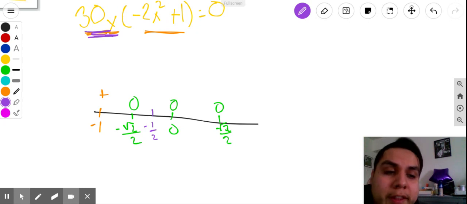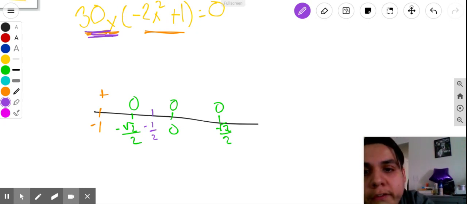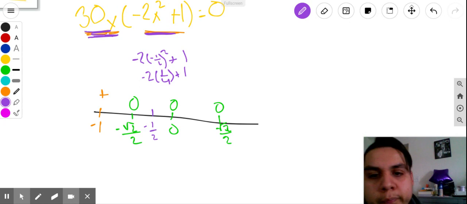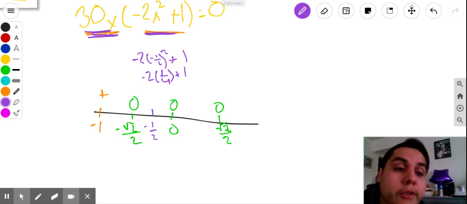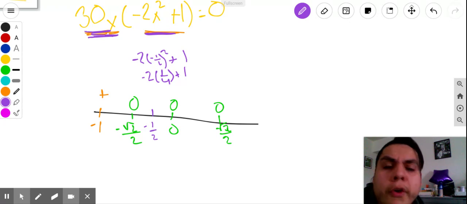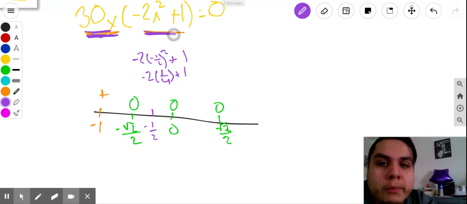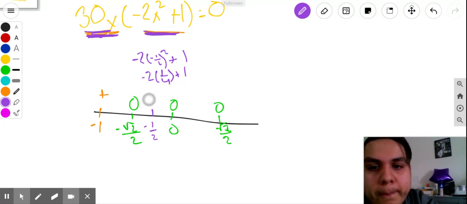When I plug the negative 1/2 in, I would get negative 2 times negative 1/2 squared plus 1. So it would be negative 2 times a quarter plus 1. Negative 2 times a quarter would give me a negative half, plus 1 would make it a positive number. So negative times positive gets me negative.